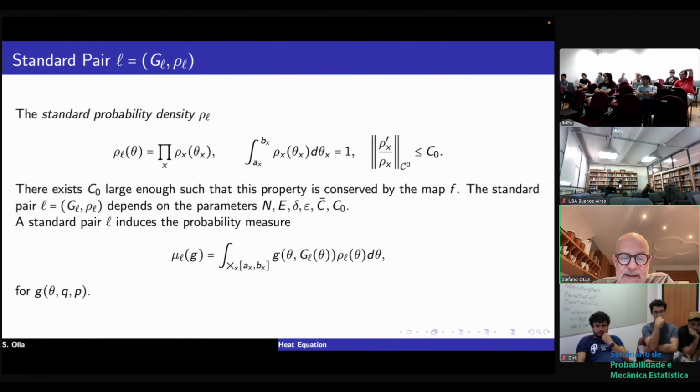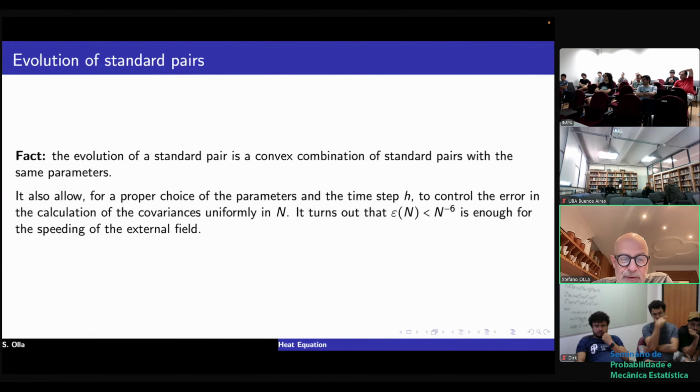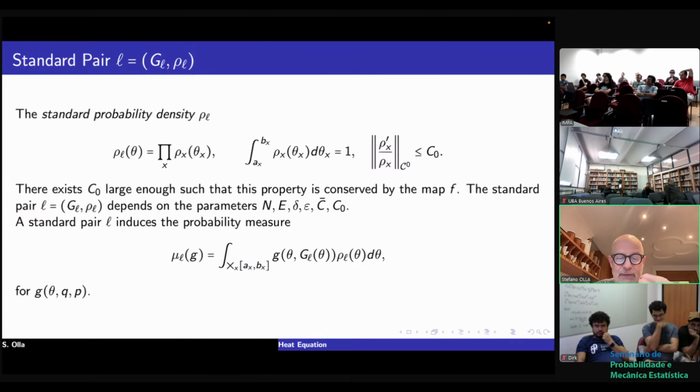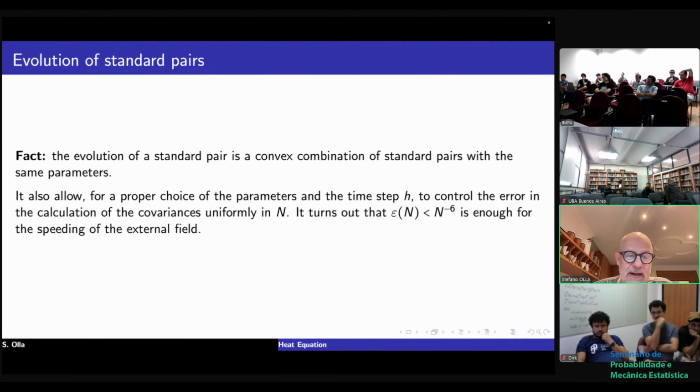And this important fact that you have to prove is that if you let it evolve now with the dynamics, you start with a standard pair. You can start with one nice standard pair. What you get at time h is not a standard pair, but it's still a convex combination of standard pairs with the same parameters. You're not losing anything. It's not just a single standard pair, but you have the same parameters.